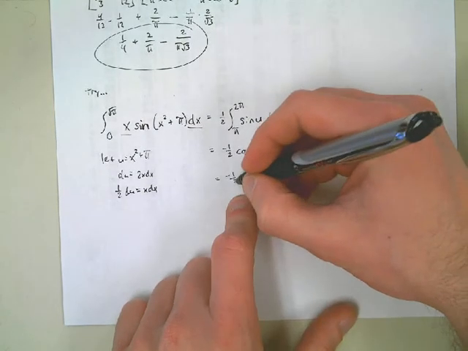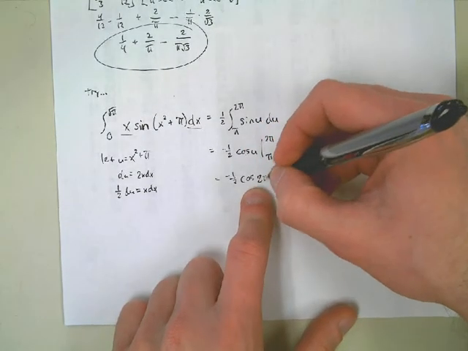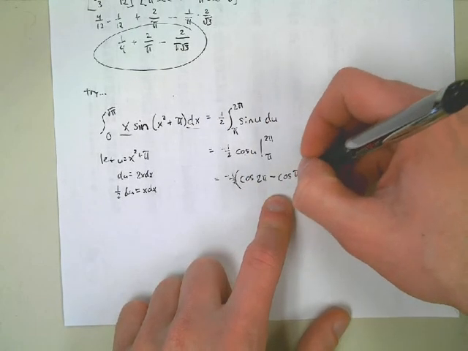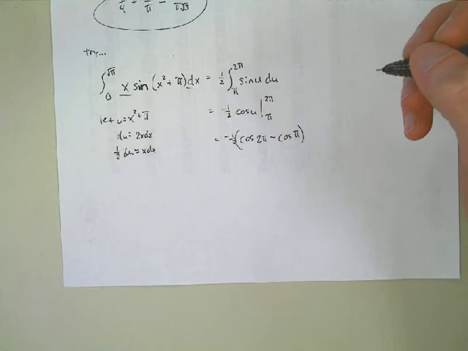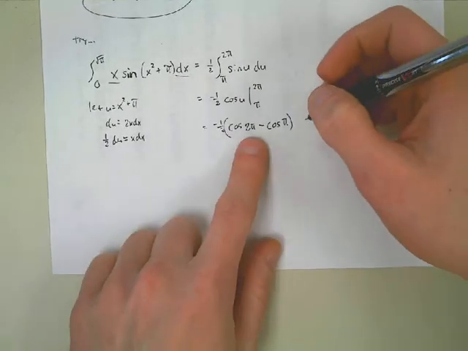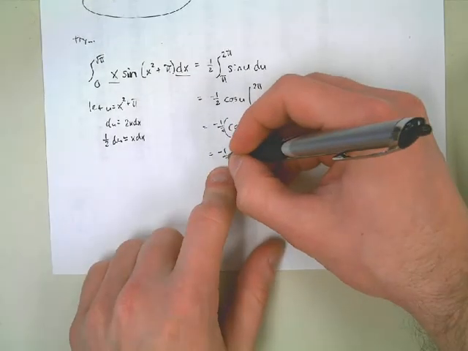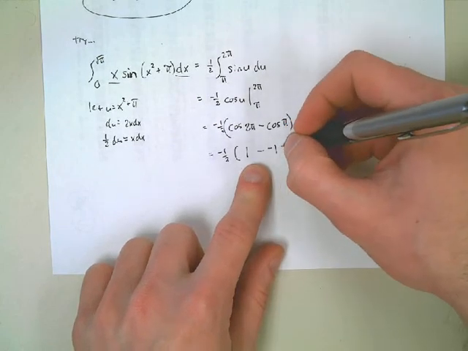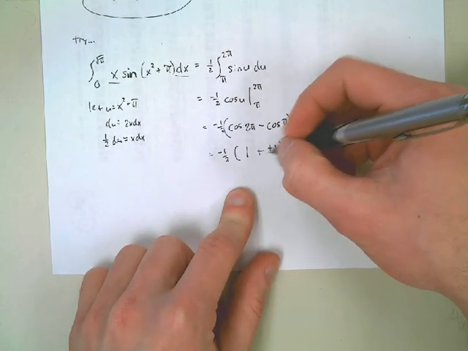Cosine of 2 pi minus cosine of pi. Cosine of 2 pi is 1. Cosine of pi is -1. So plus positive, 1 plus 1, 2. So -1 is your final answer.